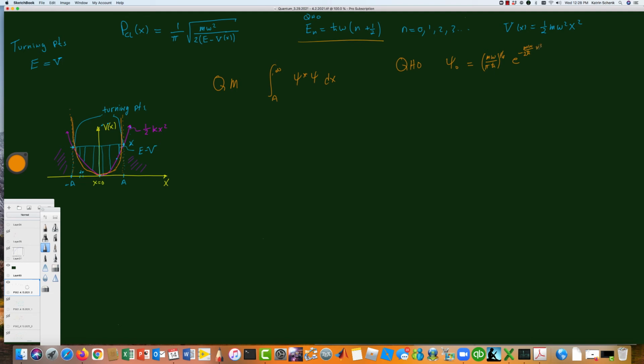That's the psi naught. And of course, E naught, for n equals 0, is h bar omega over 2, because we just put n equals 0 in here.